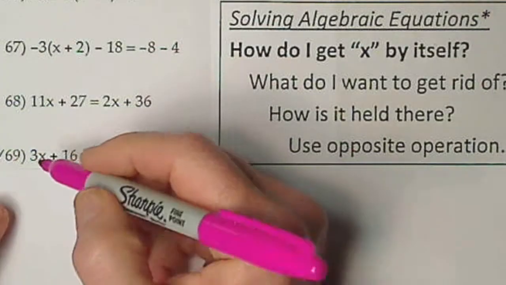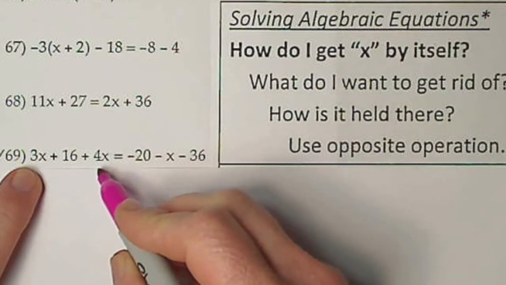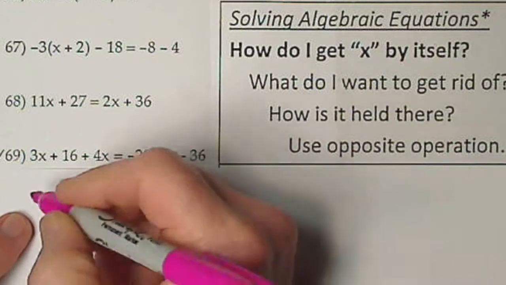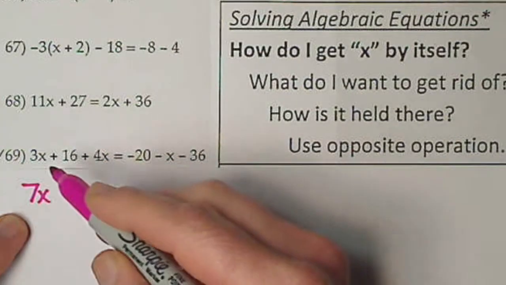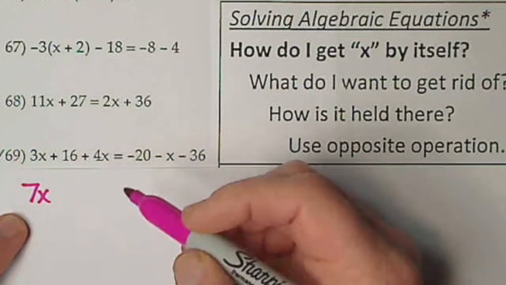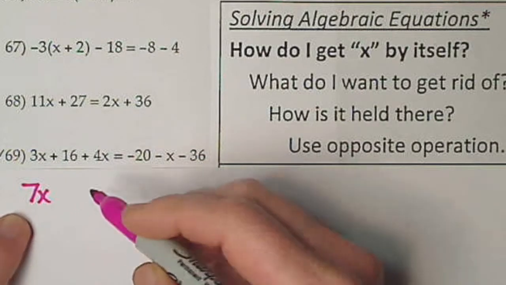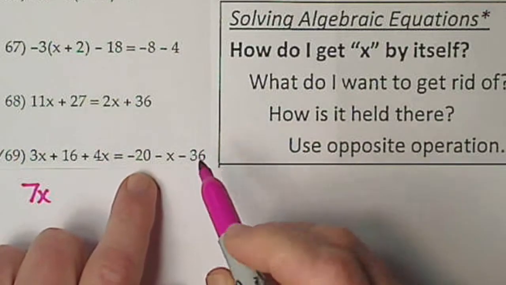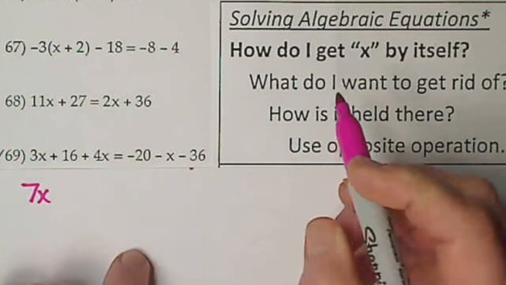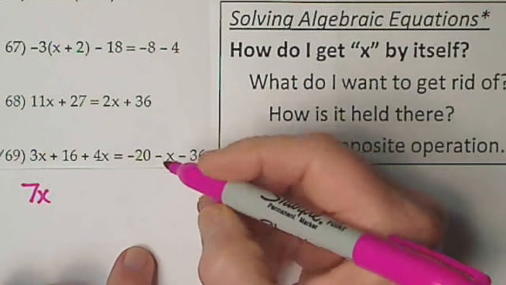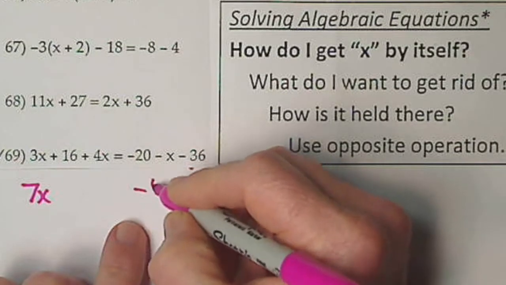Okay, so this 3x and this 4x, I can combine those, and that will give us 7x. The 16 is plus 16 or positive 16, however you want to say it. It's just going to drop down. Over here, I can combine the negative 20 and the negative 36, and that will give me negative 56.